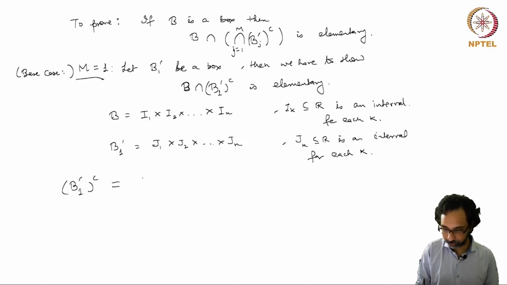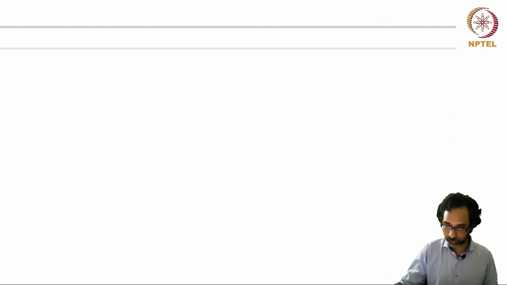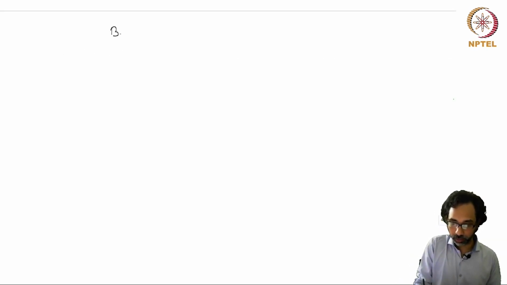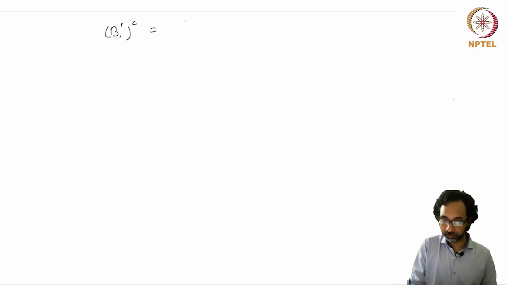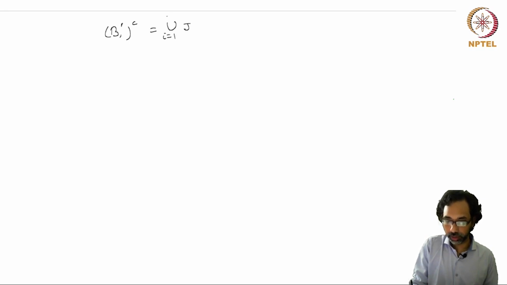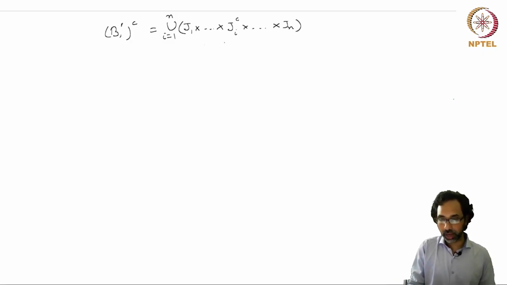B1 prime complement is equal to the union over i from 1 to n of J1 cross, and you take the complement for the ith interval, and i varies from 1 to n.